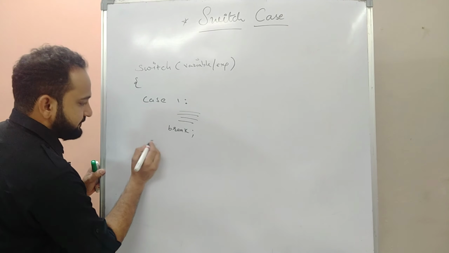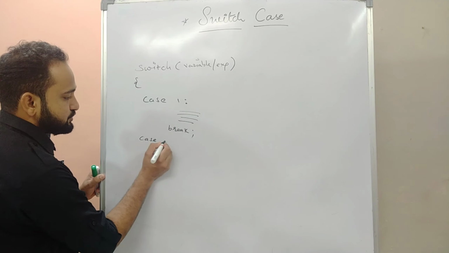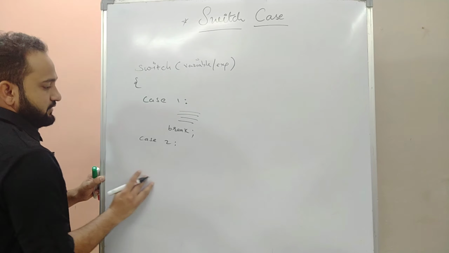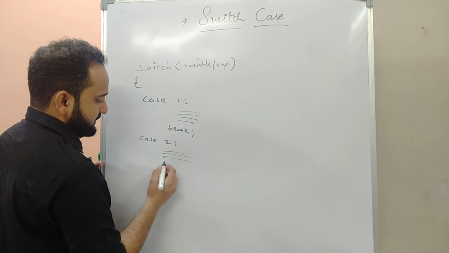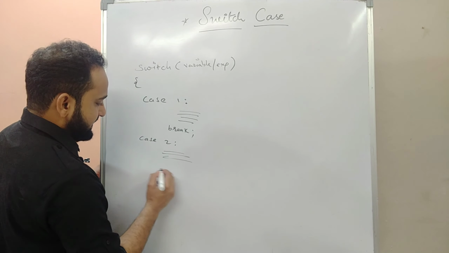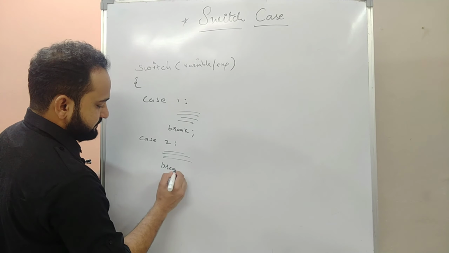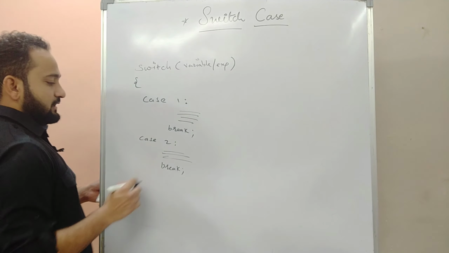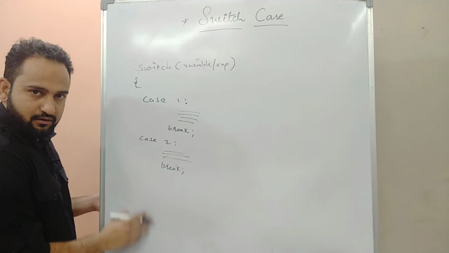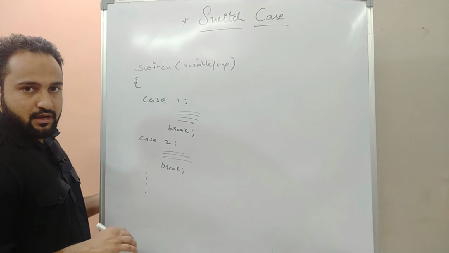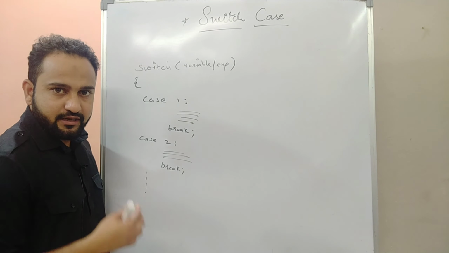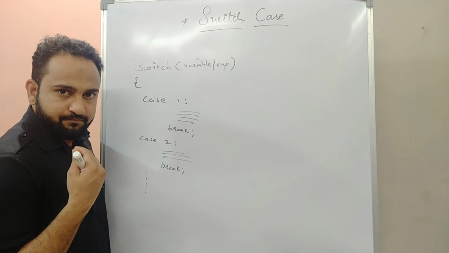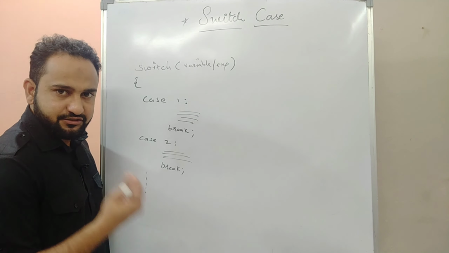After this you will start with case 2. If case 2 is true, you write all the things that you need inside case 2 and break. Don't worry, I'll explain with one simple example. Likewise, case 3, case 4, you will have cases. Cases are basically the number of conditions you have.